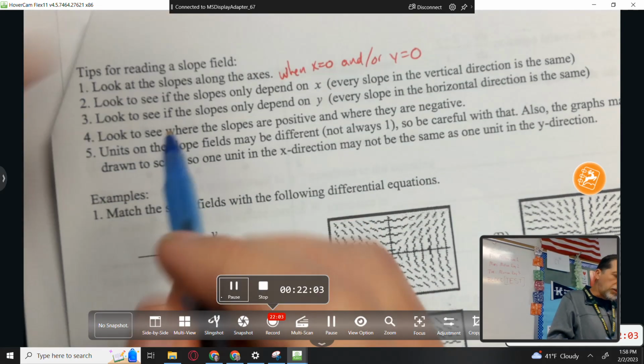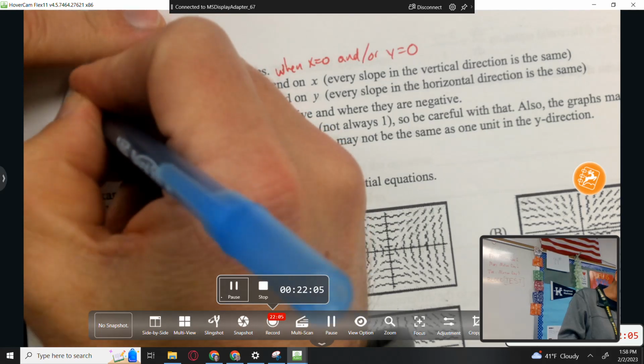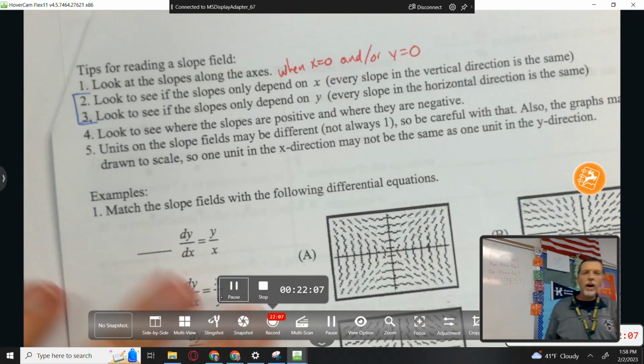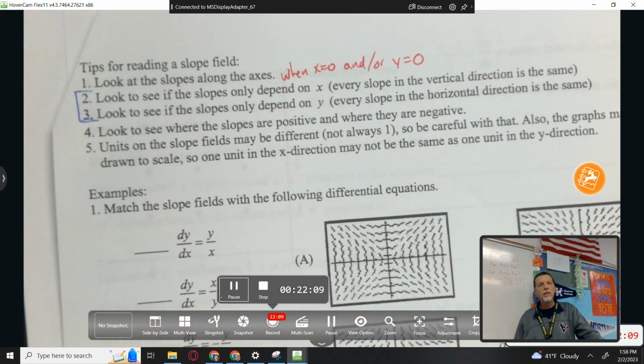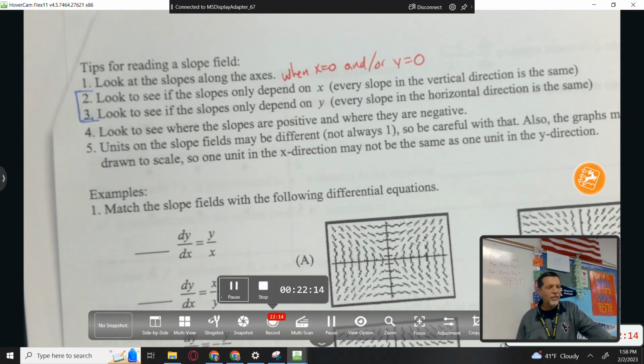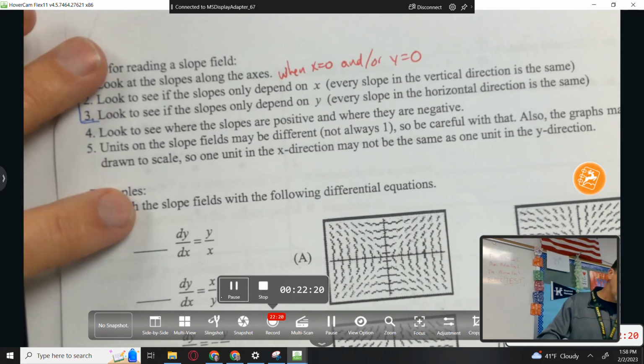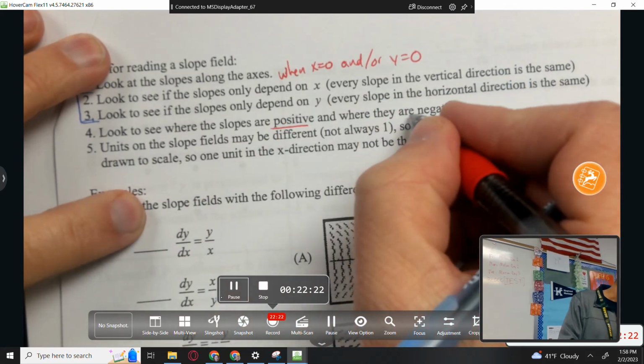We talked about looking to see what the slope depends on. Is it x only? Is it y only? Is it both? More importantly, if it only depends on x, that's a good hint as to which one it is. If it only depends on y, that's another one. Positive and negative, so think about signs.